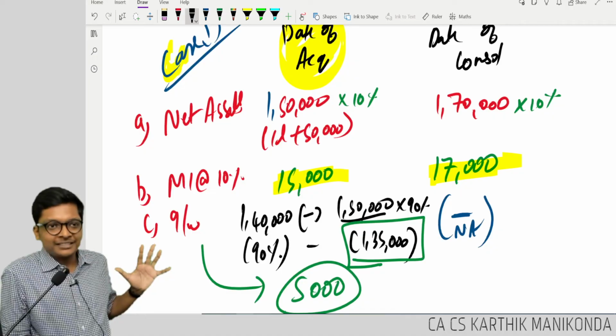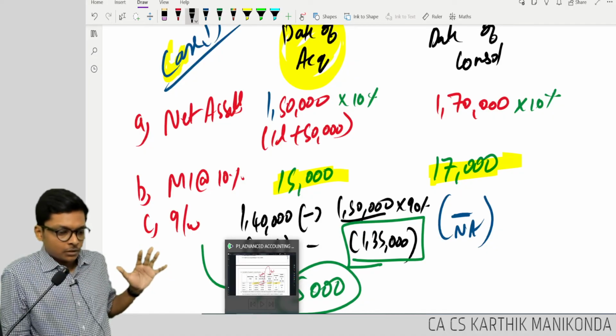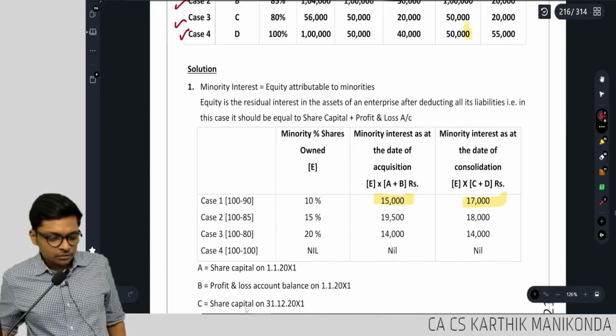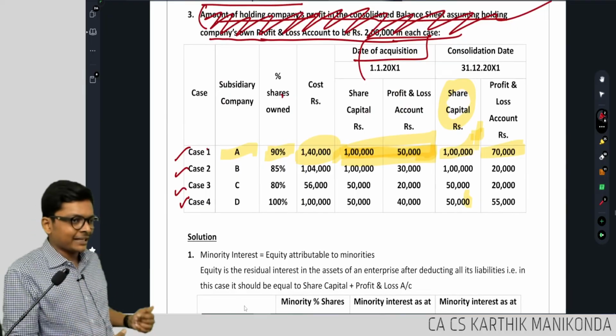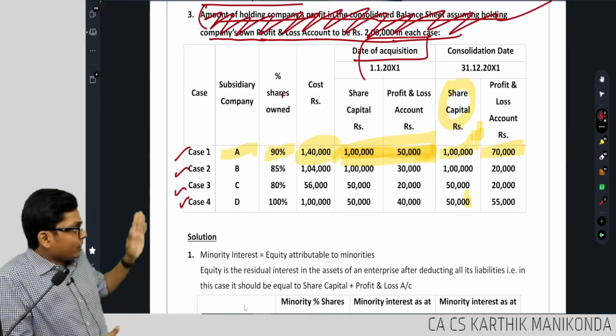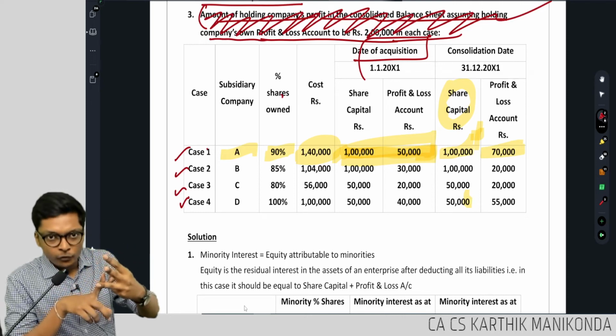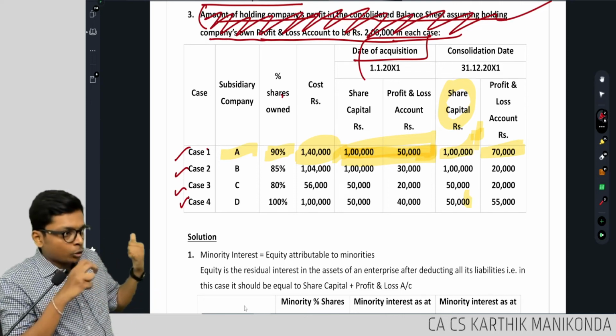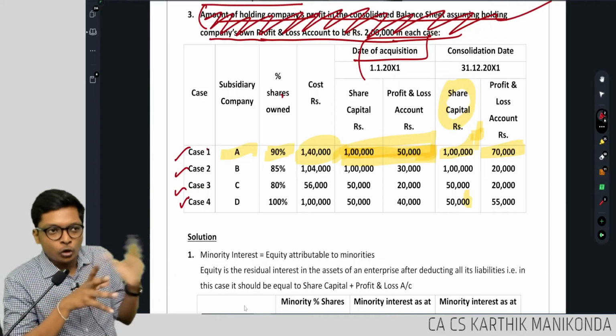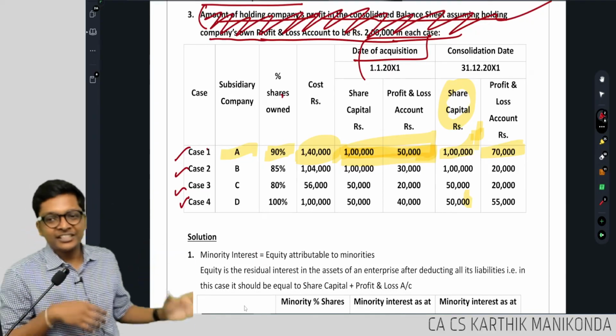Everybody done copying with this? Case 2, 3 and 4. Quickly, guys. Don't get confused. First do minority for case 2, 3 and 4. Then you do goodwill or capital reserve for case 2, 3 and 4. Don't mix it. Take one, finish it.